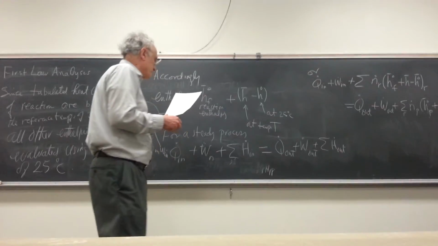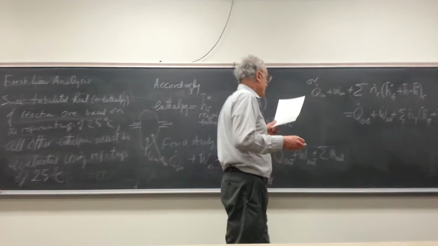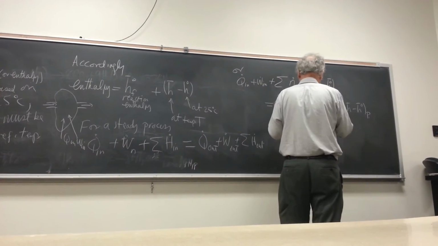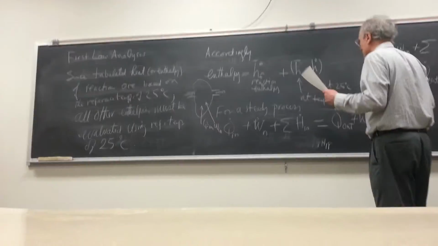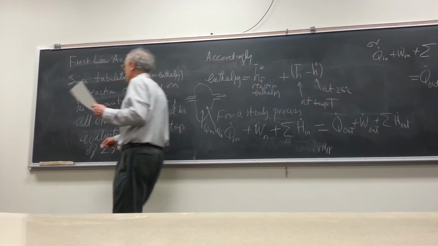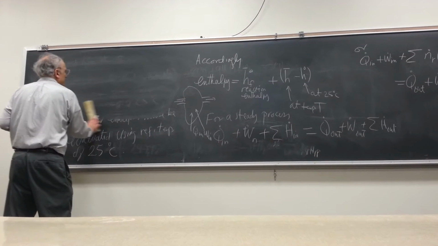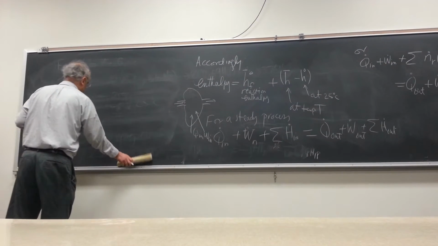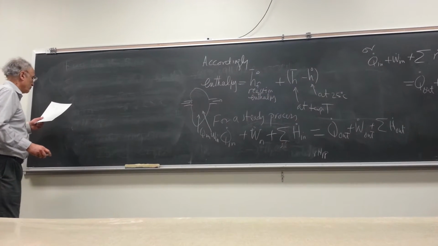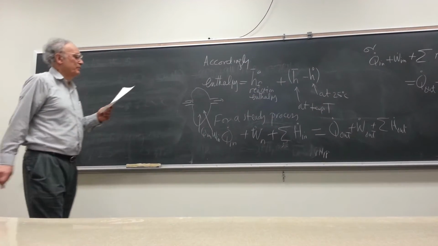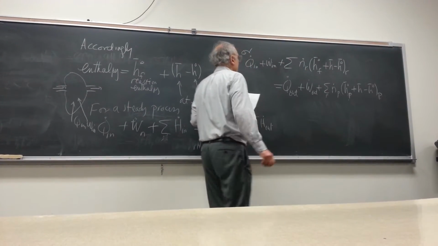So this, I'm not going to rewrite it. Well, let me, for 1 mole of fuel, if you want to have it per mole ratio, you have to divide it by the number of moles per unit time.